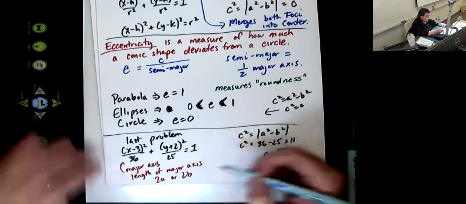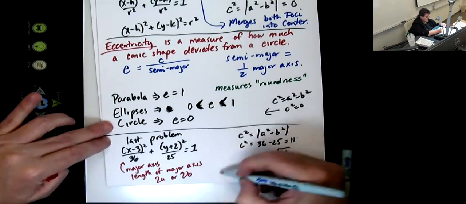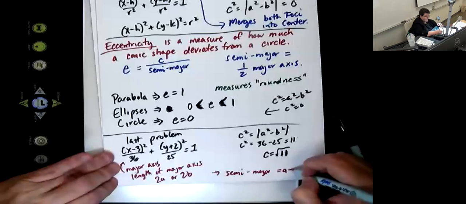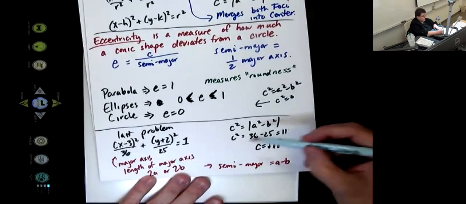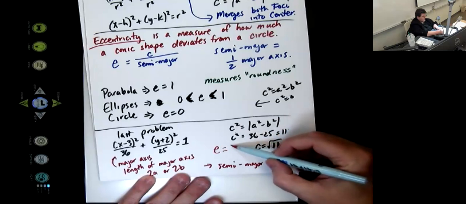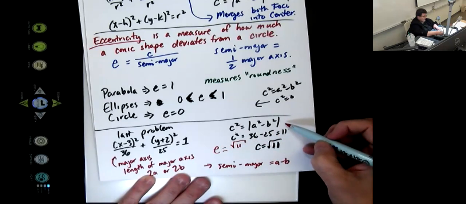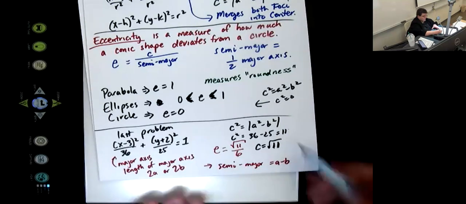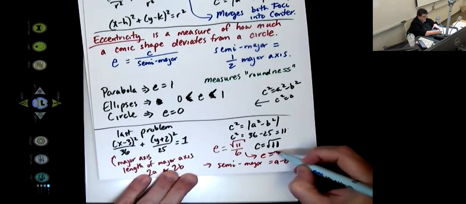In this case, 2A because it's a long X. So half the length, the semi-major, is A or B. Which means eccentricity is, for that problem, square root of 11 over A, which was 6. Approximately 0.55.